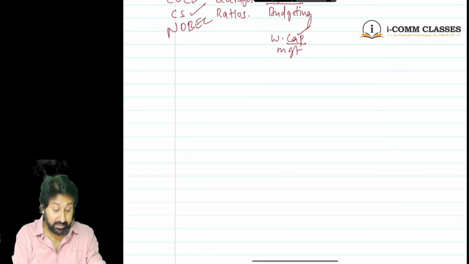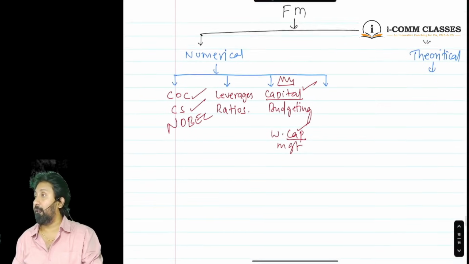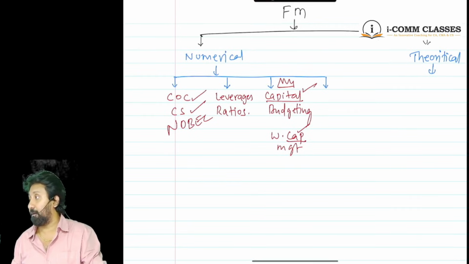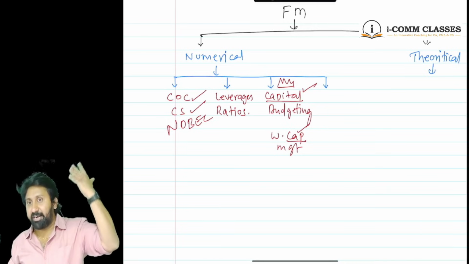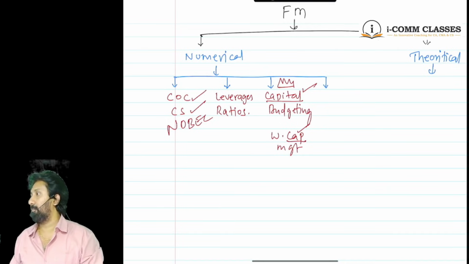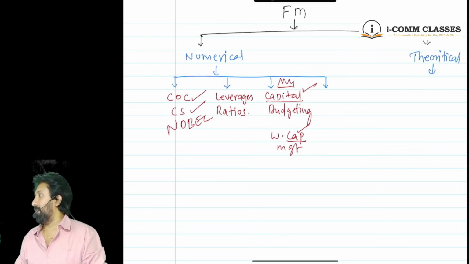Those theories we are going to learn in the capital structure chapter. When I say Nobel Award, it means proven and accepted worldwide. That's why only those models are kept in your syllabus.